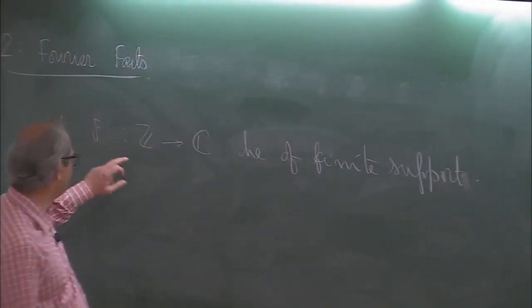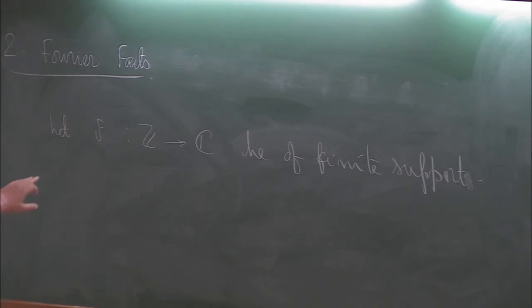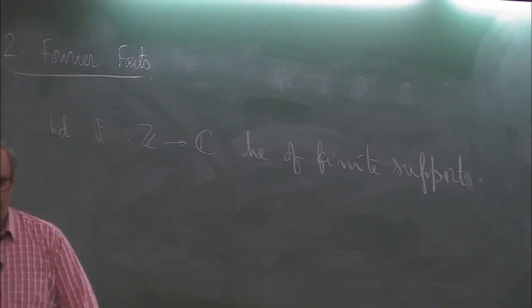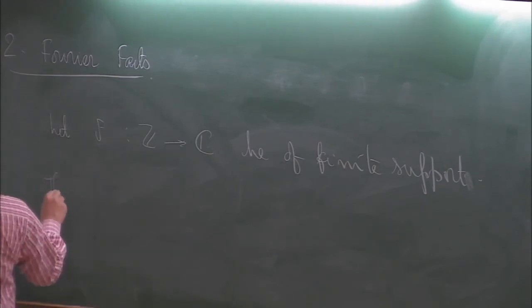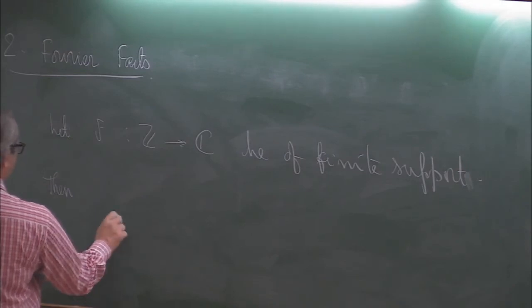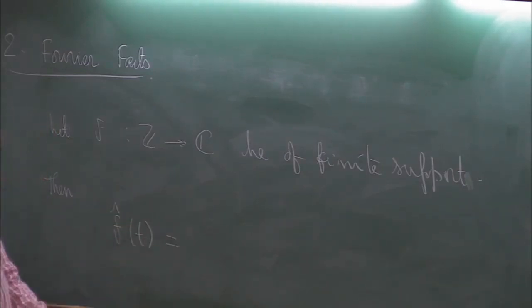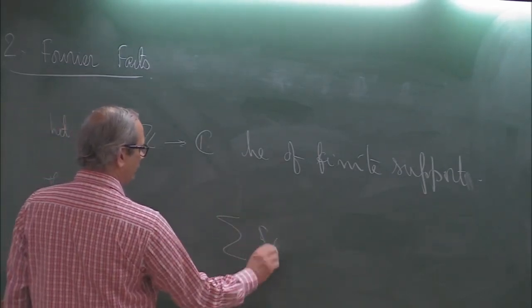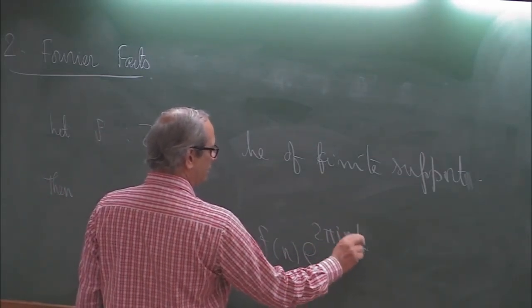What finite support means is that f is 0 outside a finite set. There is only a finite subset of Z on which f takes non-zero values, otherwise it is 0. Then the Fourier transform f hat of t, or sometimes I'll write f hat of alpha, is the sum of f of n e to the 2 pi i n t.